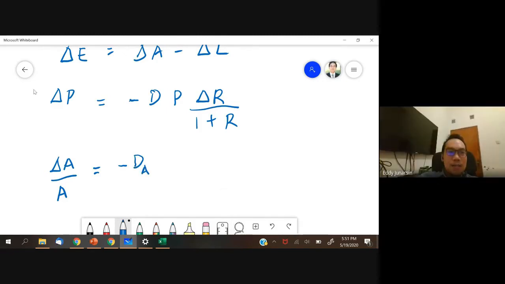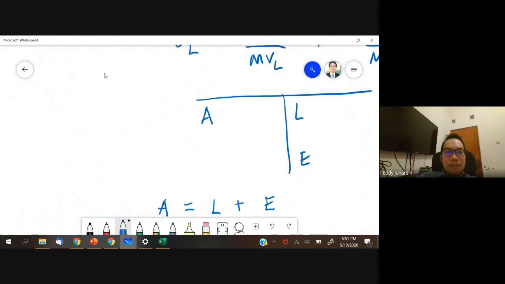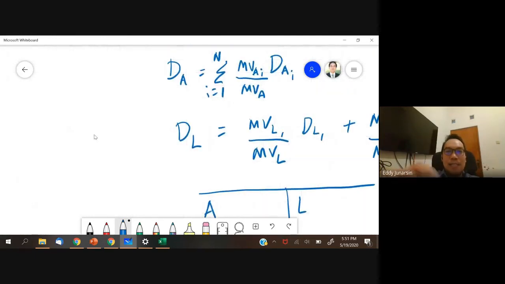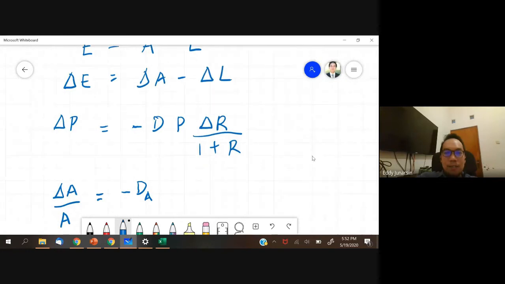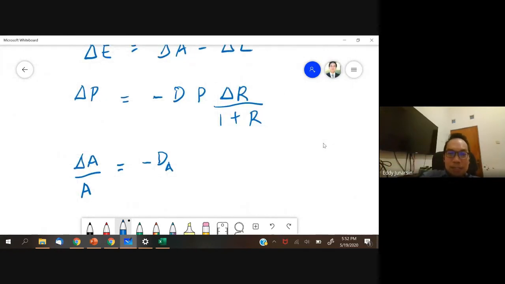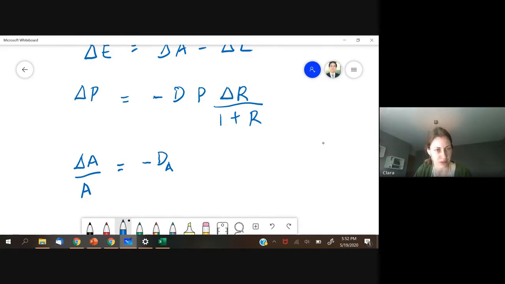That's what we did above. I still remember, right? Duration of the assets, duration of liabilities, the duration of the whole assets. Continue. Multiplied by the equity?